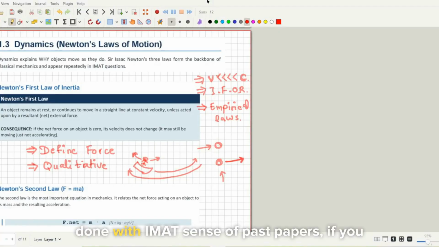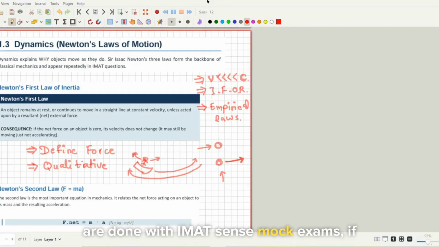If you are done with IMAT Sensei past papers, if you are done with IMAT Sensei mock exams, if you are done with our tests, and now you have free time, then go and solve the BMAT past papers and IMAT past papers from before 2023. Then it is a really good thing to do.